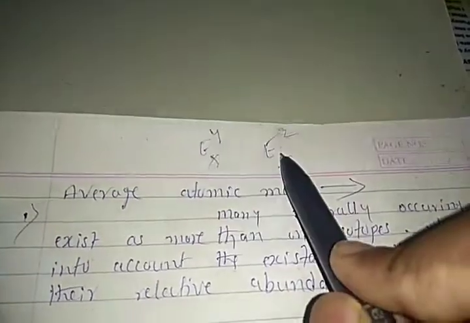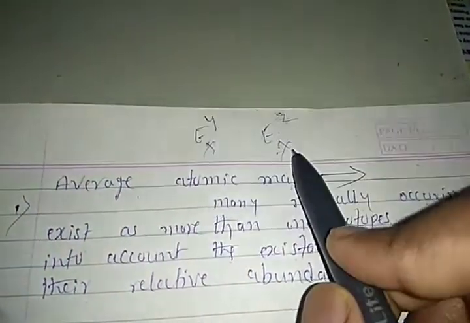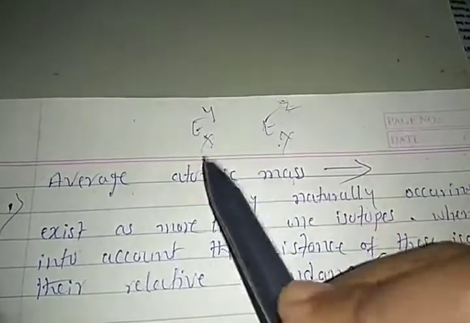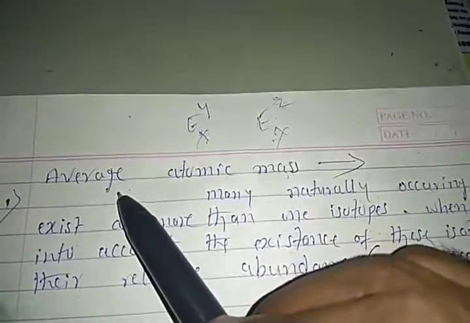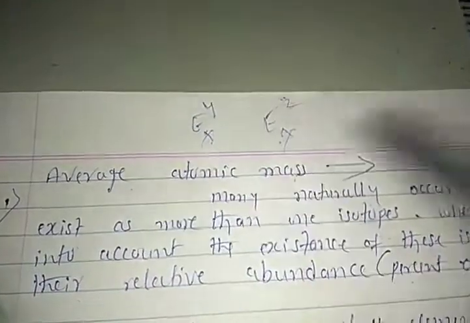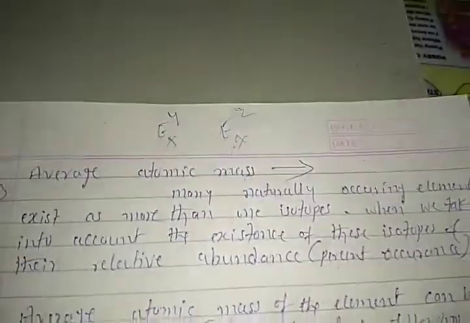Scientists decided to use the average: whatever the atomic mass of the elements is, their average atomic mass is used as the element's atomic mass.